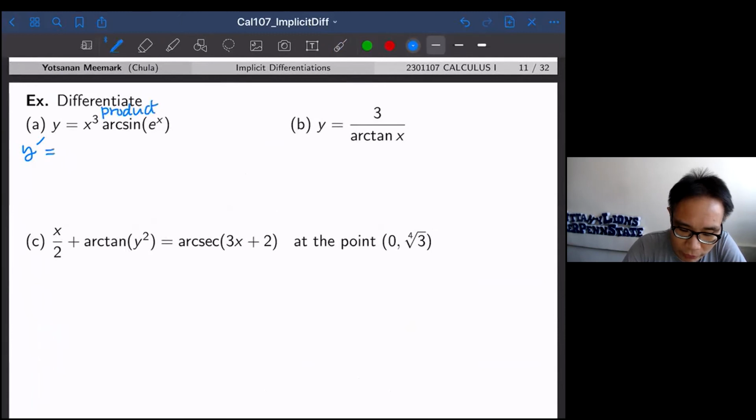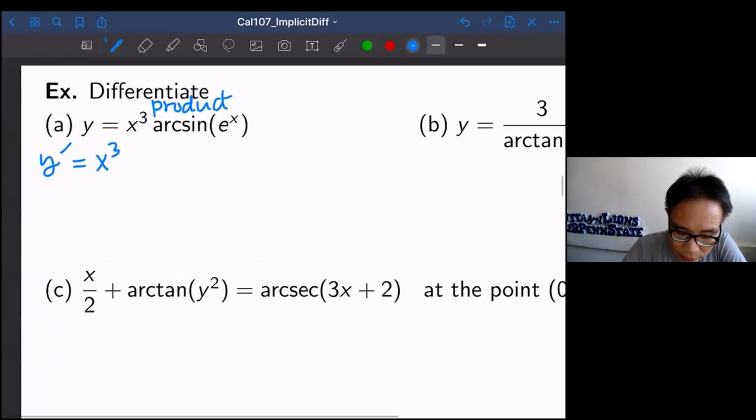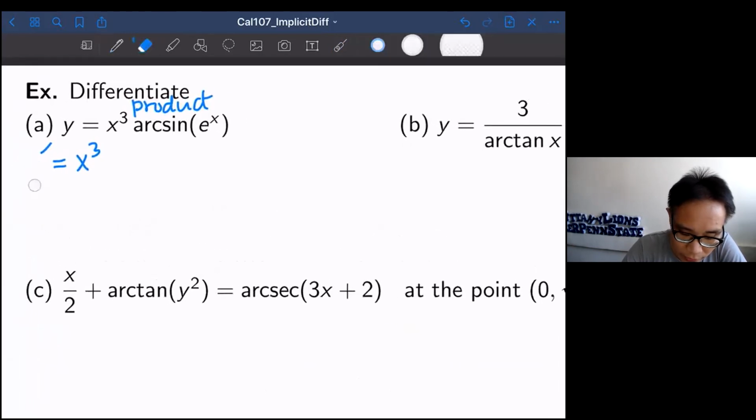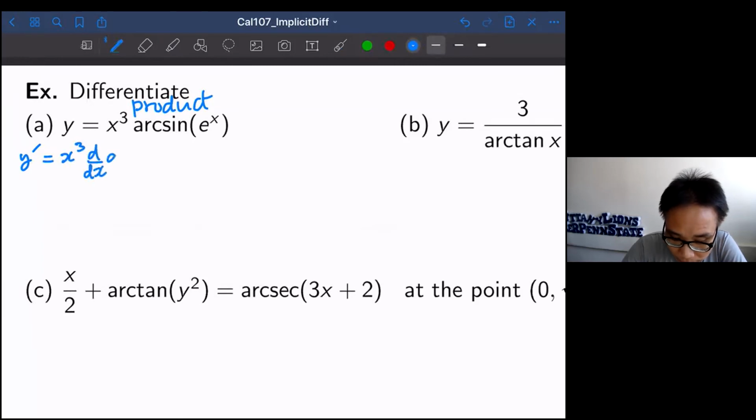Let me write this one smaller. So you have y prime equals the first times the derivative of the second, plus the second times the derivative of the first.